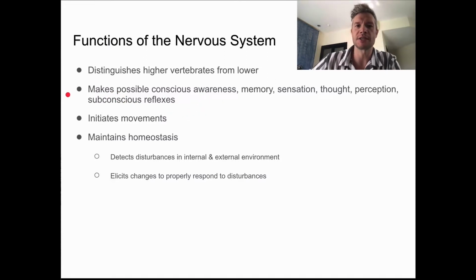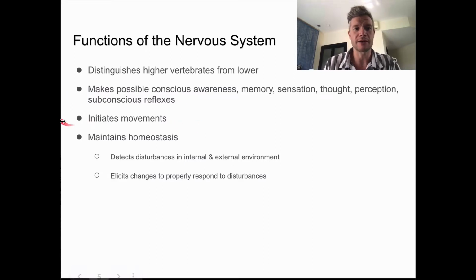Well, it allows us to move around, but it also gives us things like consciousness, awareness, memory, being able to feel things, perceive things. And again, that's another really interesting course, if the university still provides it, a course on consciousness. Very interesting stuff for sure.